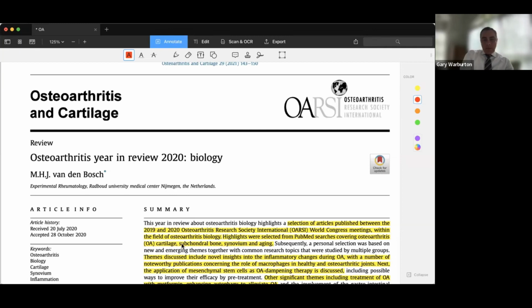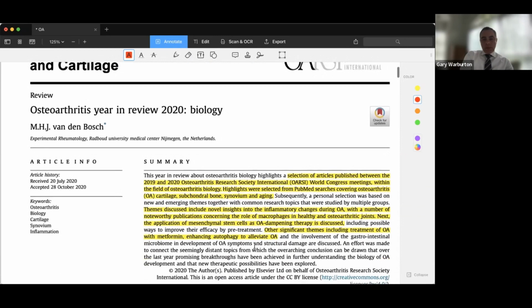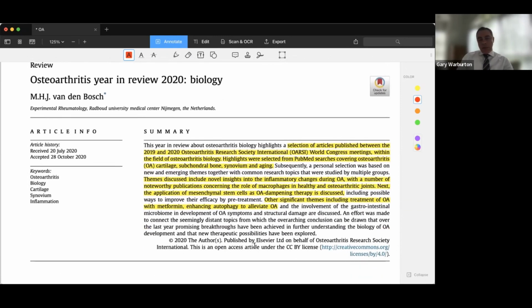It looked at the field of osteoarthritis and highlighted the publications in relation to the cartilage, the subchondral bone, and the synovium. In addition to the therapeutic interventions that Lou mentioned, there are some novel areas of research interest that may be emerging. So I thought it may be worth sharing this and walking through it a little bit.